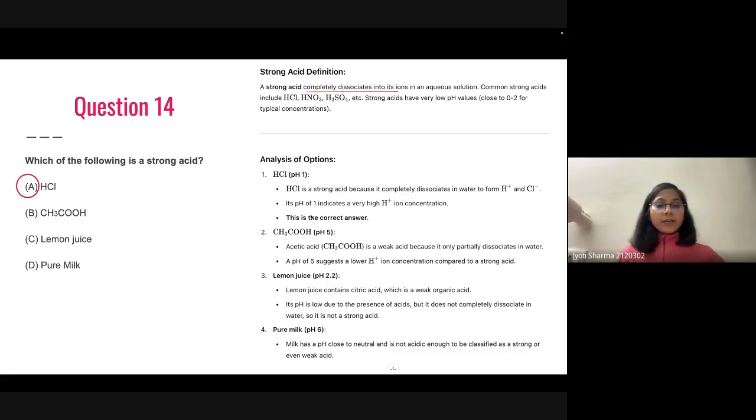But acetic acid is a weak acid because it only partially dissociates in water. Lemon juice is a weak organic acid, and it doesn't completely dissociate in water, so this is again not a strong acid. And pure milk, you know that it is near to neutral and not very acidic. So the answer should be HCl.